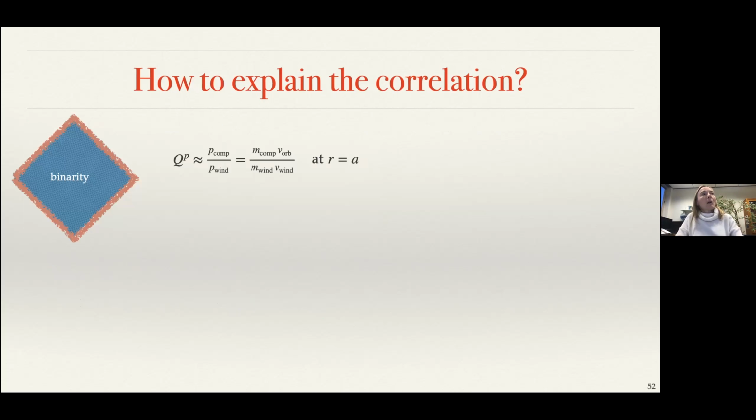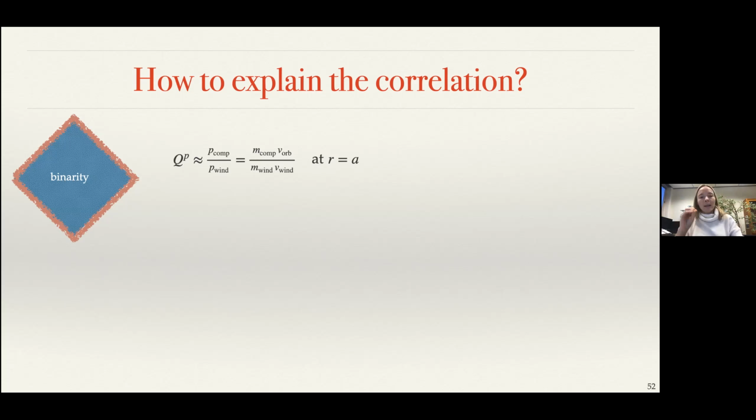And then the only step still to explain to you is, if they're binaries, how can I understand the fact that I see this correlation between morphology and the mass loss rate? Well, this step is only a very rudimentary one that I will show you. We are now currently working with Jan and Bart and Silke and Jolien on very detailed models.